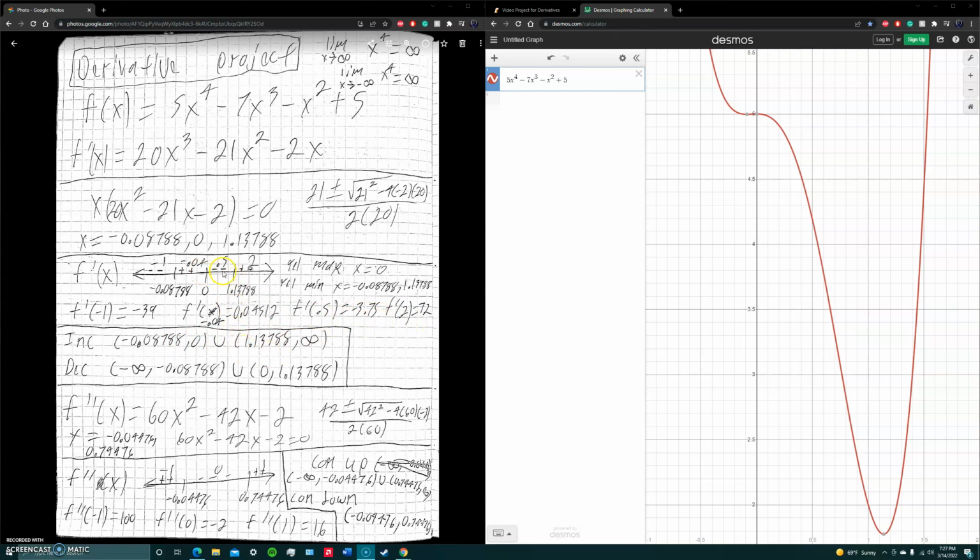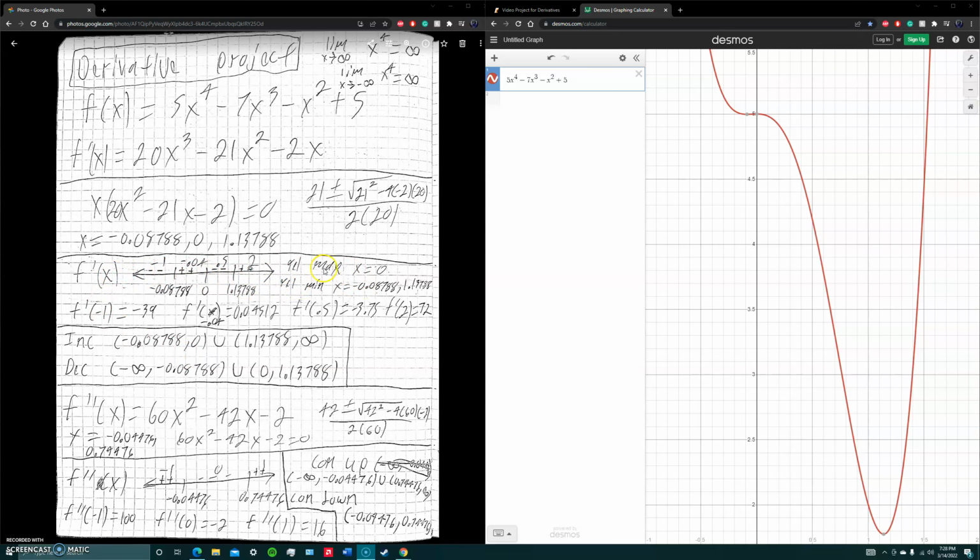And then I plugged in 2, which was positive. And that meant that from 0 to 1.13788, it was decreasing. And from 1.13788 to infinity, it was increasing, as can be seen right here below the chart that I made for my three extremes.